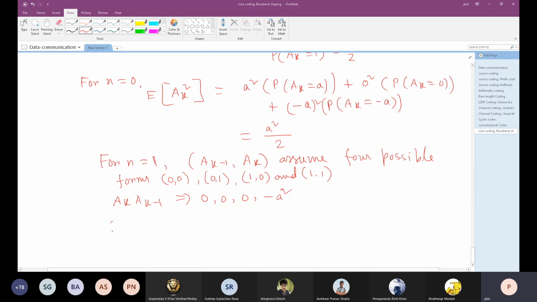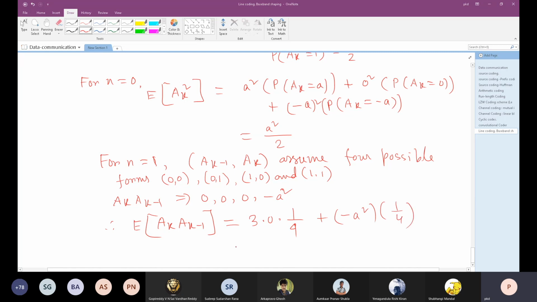So therefore, expectation of AK minus 1 would be 3 into 0 into 1/4 plus minus A square into 1/4.